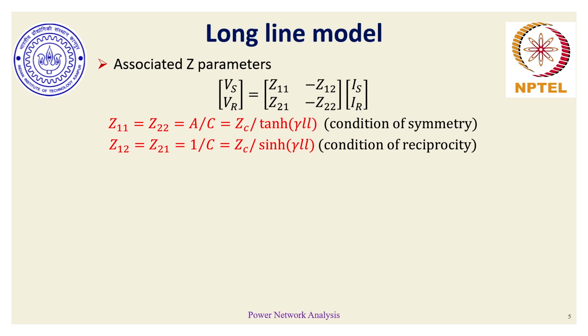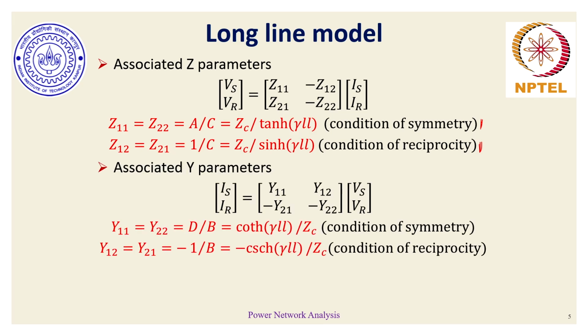Similarly, the ABCD parameters can be used to find the other two-port parameters, wherein again conditions of symmetricity and reciprocity are still valid for Z parameters. Similarly, we have our Y parameters, wherein the discussions which we had in terms of medium line model are still applicable. The corresponding hyperbolic functions can be evaluated.